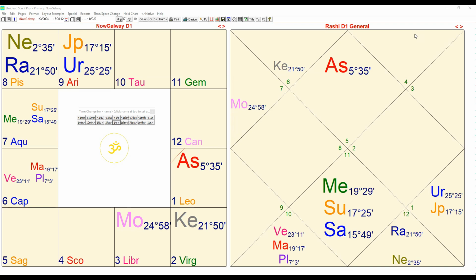So it's maybe some family issues as well, financial issues, second and 11th lord Mercury in your seventh, conjoined Saturn and the Sun. So this could be a squeeze where you have Saturn, Sun and Mercury all in this one sign, and then Mars and Rahu either side. So just be mindful of this, Leo. I would say that there could be some issue to deal with here, and maybe you feel forced into it as well.